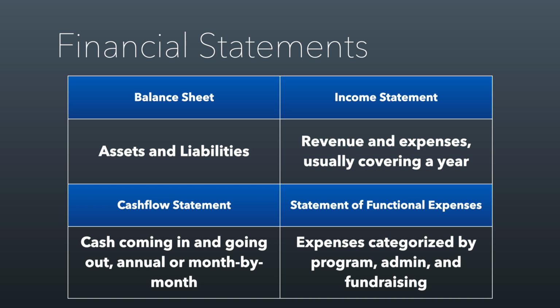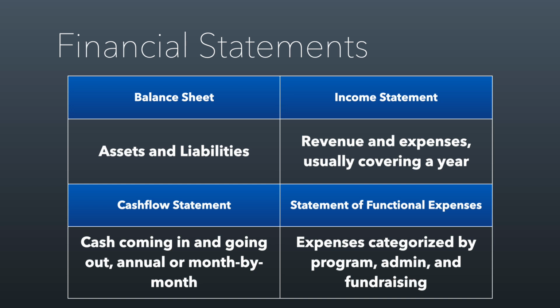But like I said, the balance sheet gives you an overall picture of how a nonprofit's finances look. And so you can take a snapshot at any moment, and balance sheets are always dated from the date when the figures were collected and put into the balance sheet. So you can see on a particular date, this is what the overall financial well-being of the nonprofit looked like.